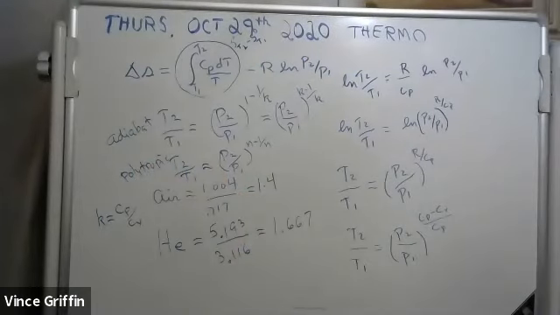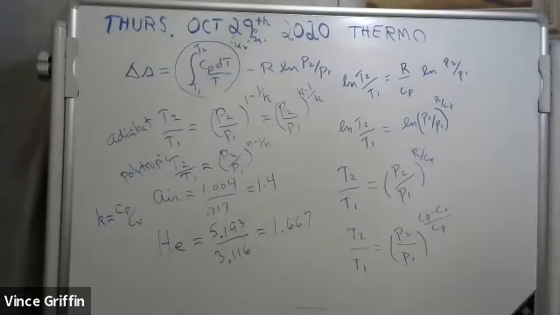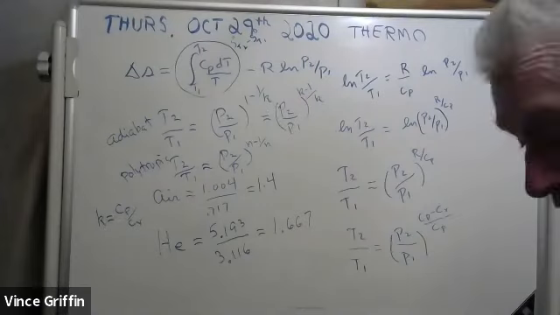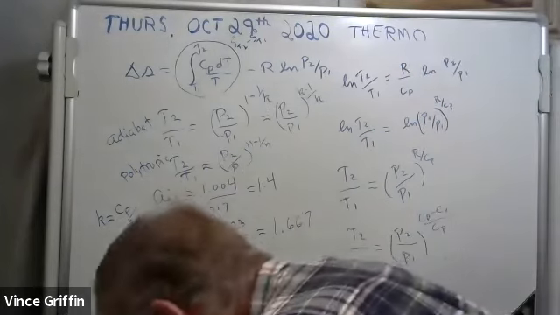Guess what? The adiabatic process is a polytropic process. And the polytropic constant is equal to K, which is the specific heat ratio, is the fancy name for it. So we've got some wonderful equations. That's enough theory. Let's do a problem.